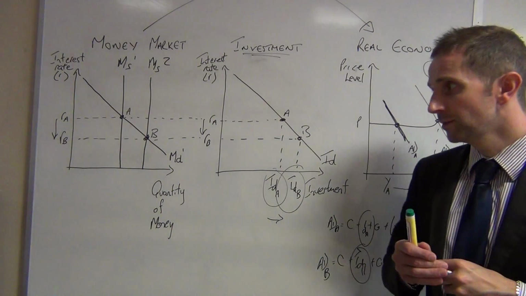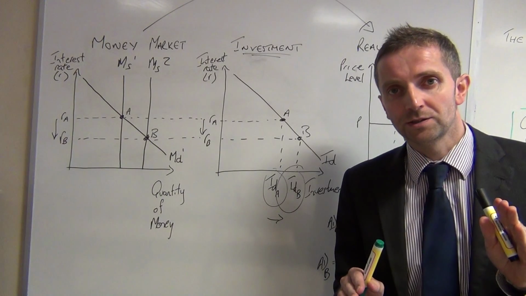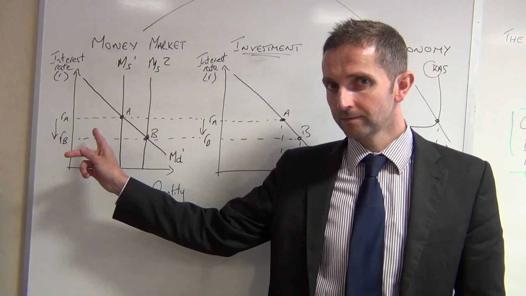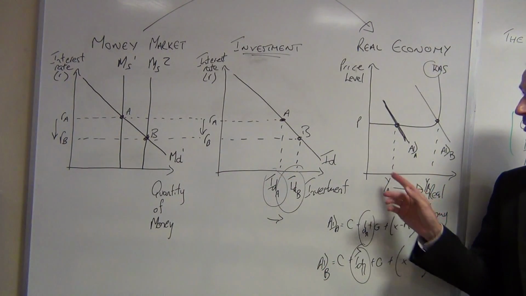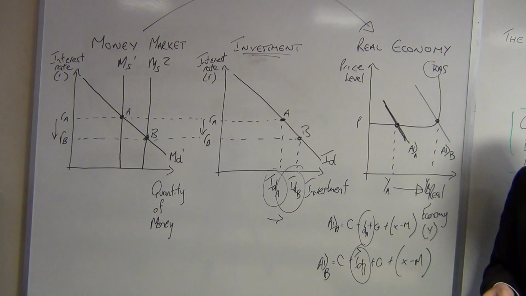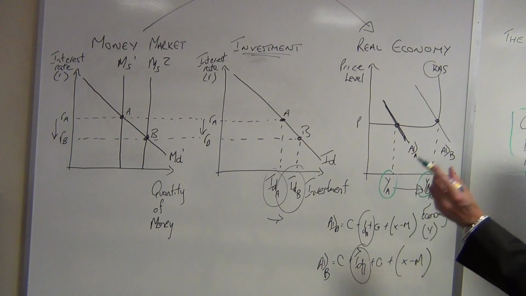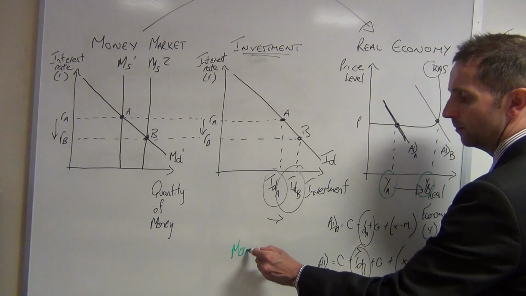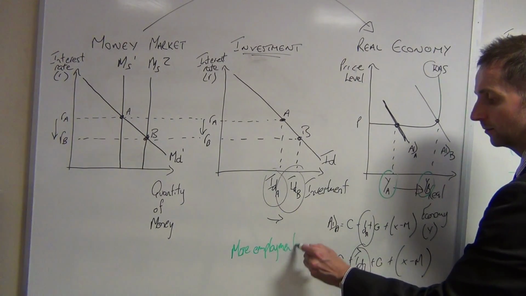And this, ladies and gentlemen, has shown us the operation of the transmission mechanism, because a change in the money market has yielded a significant change in the real economy. Now what would those changes be? Well, because we've gone from YA to YB, clearly there would be more employment, potentially.